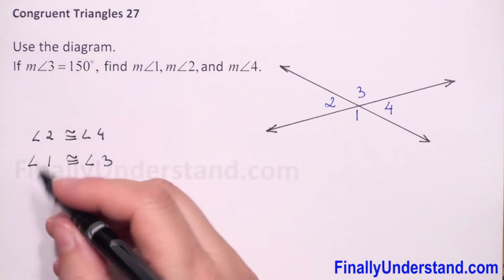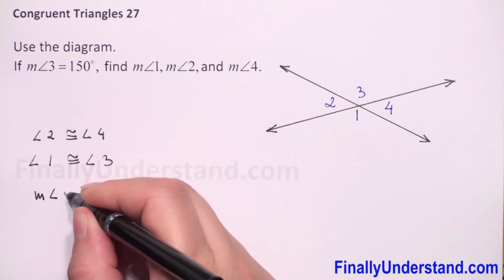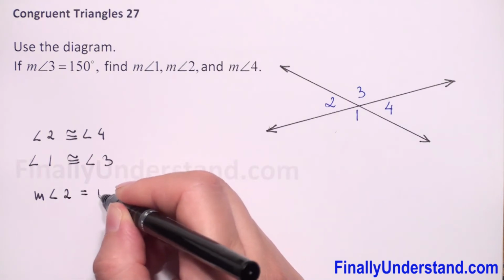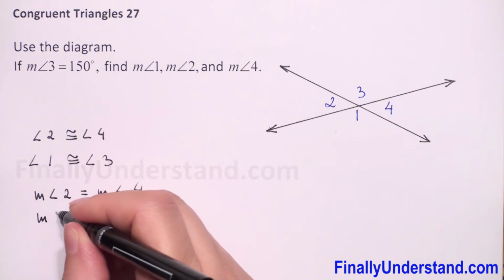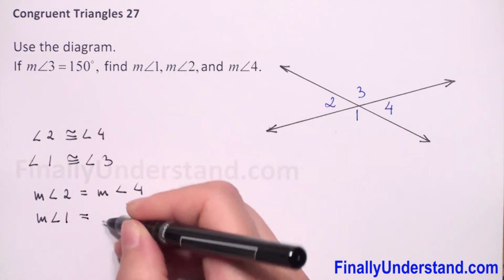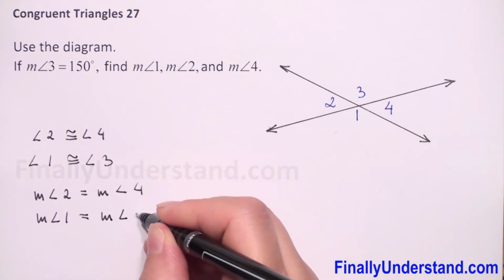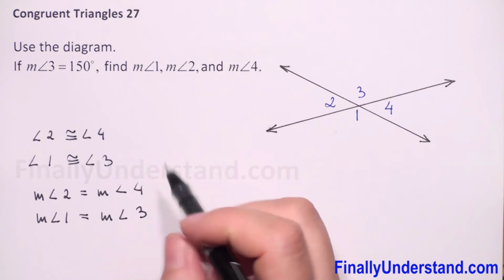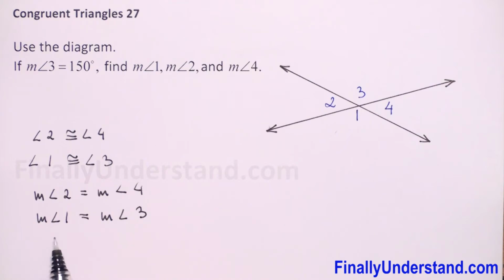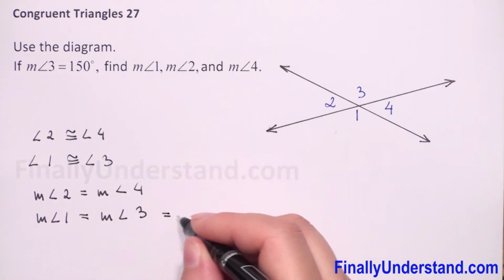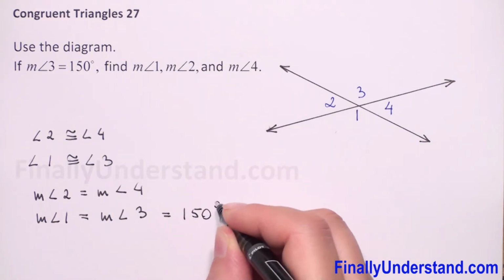It means that the measure of angle 2 is equal to the measure of angle 4 and the measure of angle 1 is equal to the measure of angle 3. We are given the measure of angle 3. So the measure of angle 3 is equal to the measure of angle 1. So this is 150 degrees.